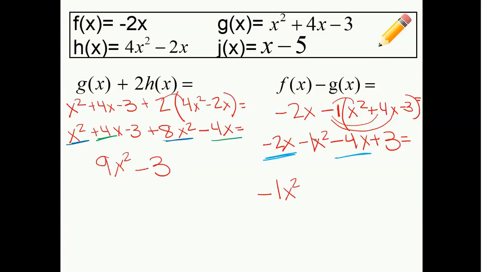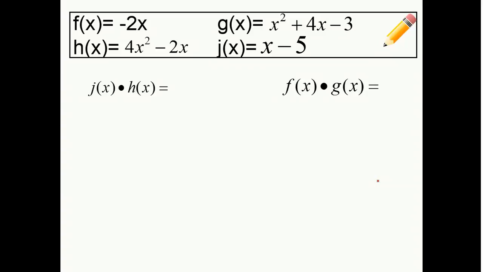So negative 1x squared goes first. Negative 2x minus 4x, well, that's negative 6x. And then I have this plus 3 just kind of hanging out. So my answer for that one is negative 1x squared minus 6x plus 3. I can keep that negative x squared or just negative 1x squared, whichever one works best for you.